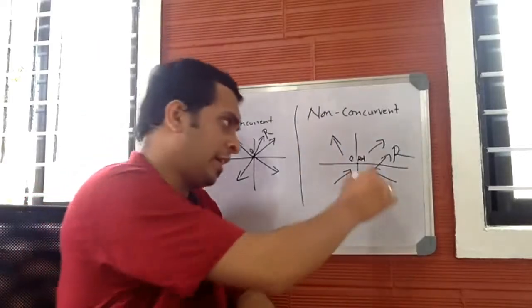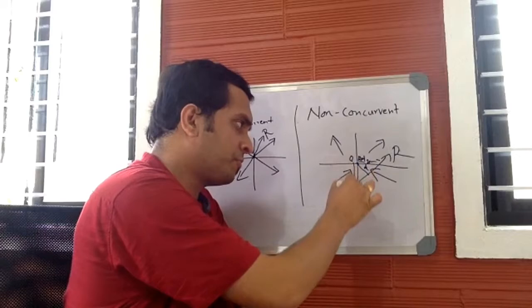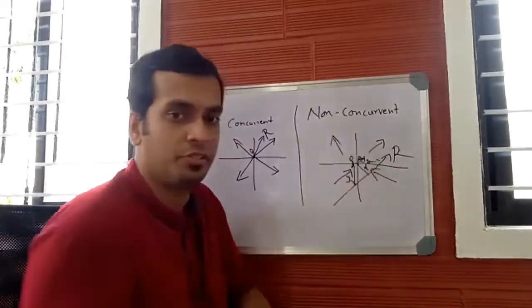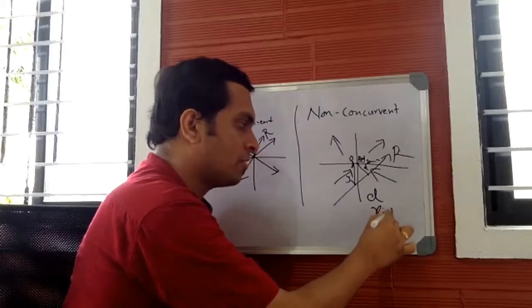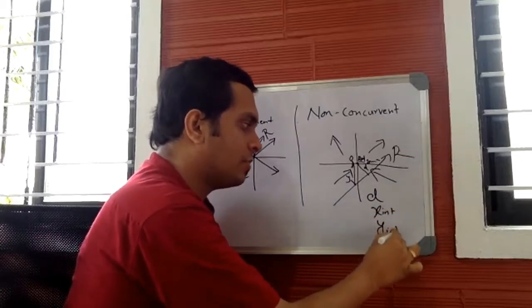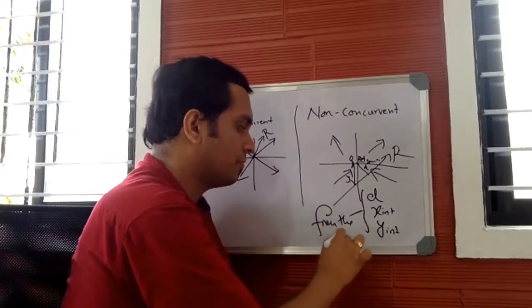Locating means you have to find the distance d, x-intercept and y-intercept from the reference point.